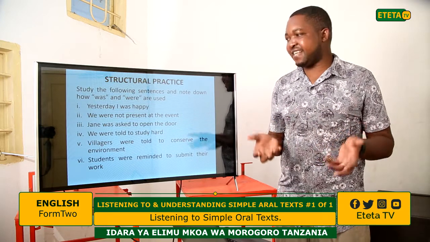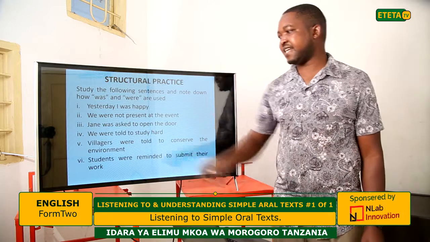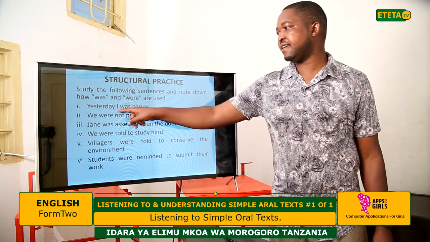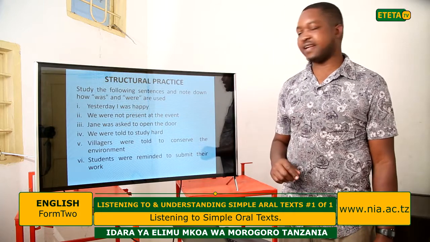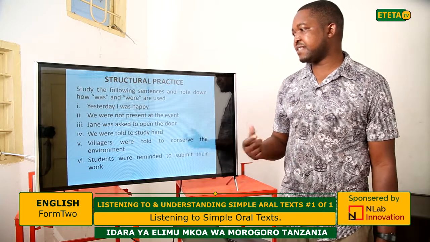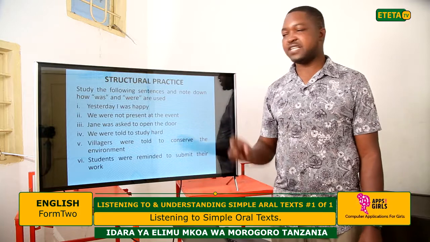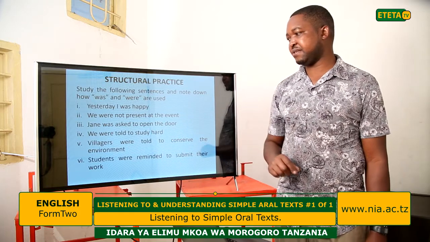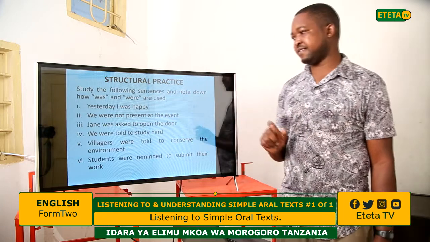Jane, one. So Jane was. It's just the same case with the I used in Roman 1. I was happy, referring to singular. So Jane was asked to open the door. This reflects the concept of singular.